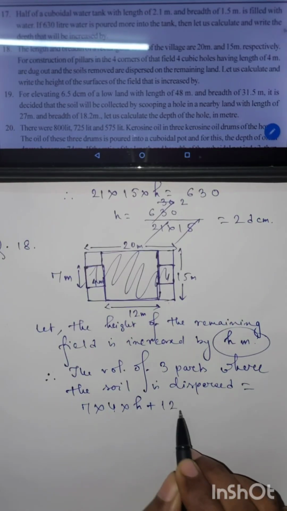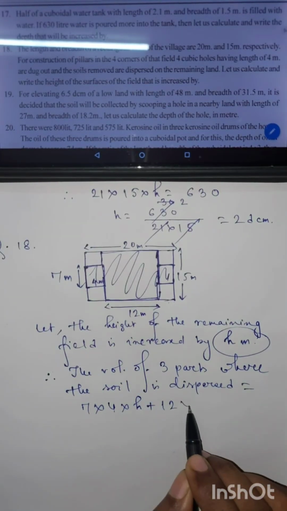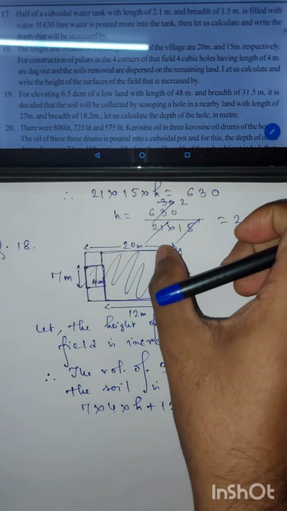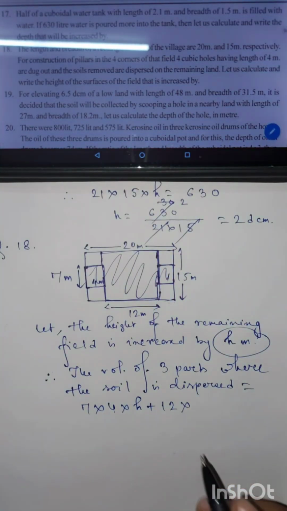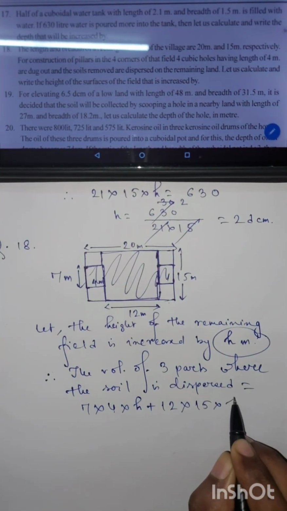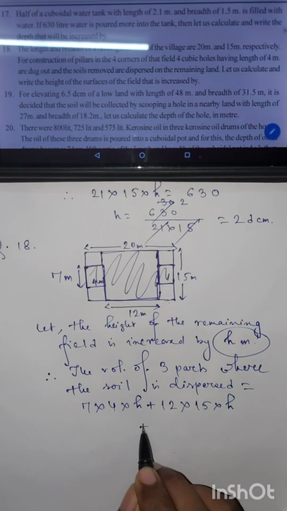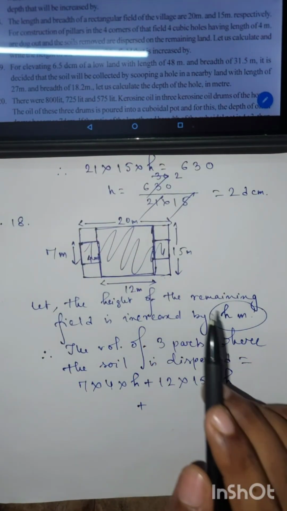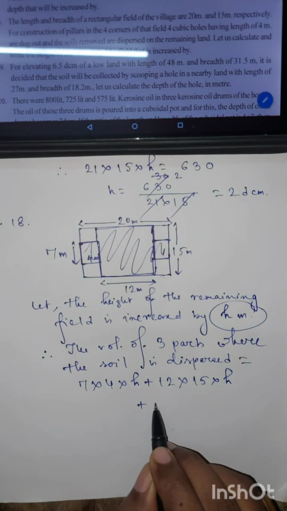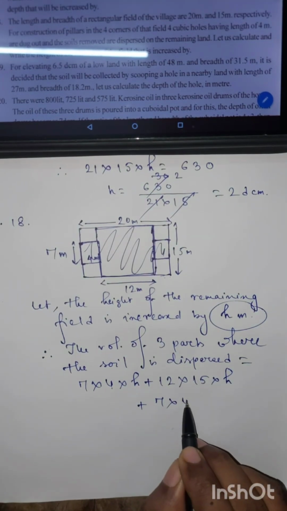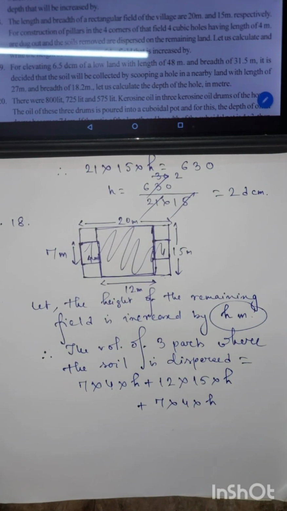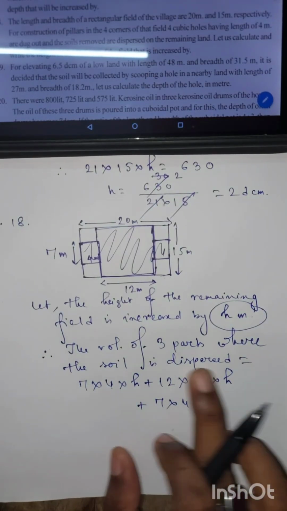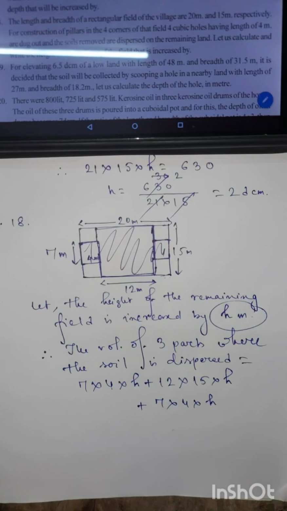So this is 12 into 15, 12 into 15 into height, plus the volume of this part, that is 7 into 4 into h again. So this is the volume of the removed soil.